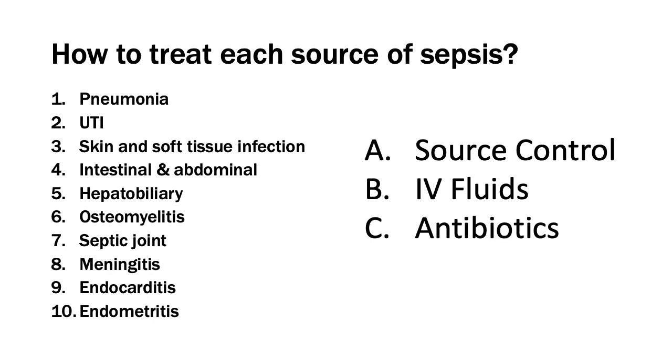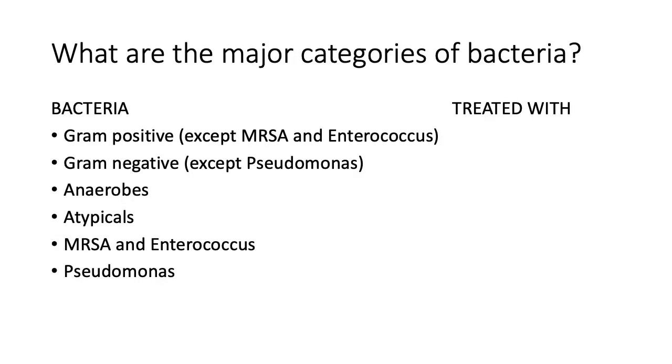What bugs would you expect, and how would you treat each of them? I think of bacteria as divided into 6 major categories. Now, there is no 100% right way to break down categories of bacteria. And of course, there are exceptions to these rules, especially if the patient has previous microbiology culture data that shows bugs with resistance to certain antibiotics.